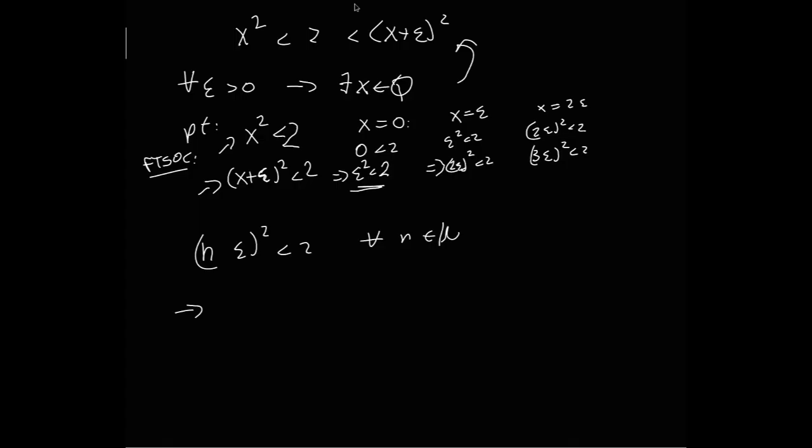This means that essentially what we can do using this notion is say that n squared epsilon squared is less than 2 for any natural number n. Okay, so this would mean that n squared is less than 2 over epsilon squared. Well, this is clearly irrational.